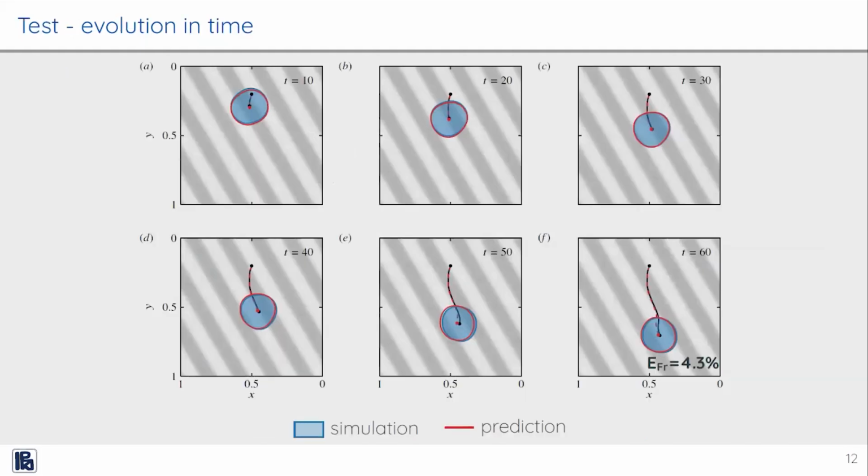A more challenging scenario is this one, where the stripes are a bit diagonal, and you can also see the path of the centroid of the droplet. And it's clear that our method approximates both the path and the droplet shape, and it's in very good agreement with the reference results.